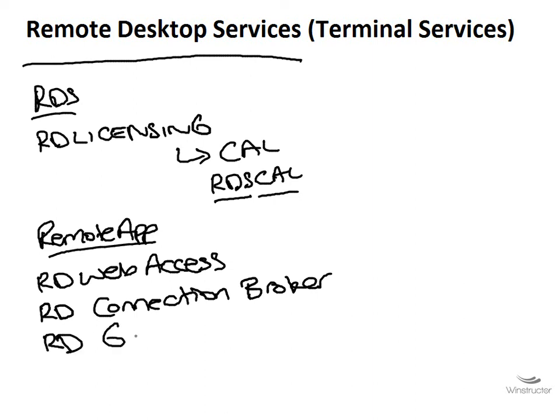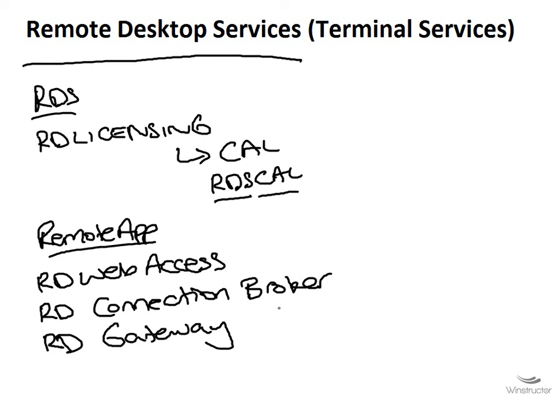Now, remote desktop gateway, this is also another role, formerly called the TS gateway. This remote desktop gateway allows you to give your users the ability to access resources on your internal private network from pretty much anywhere in the world using any device that supports the remote desktop connection client.